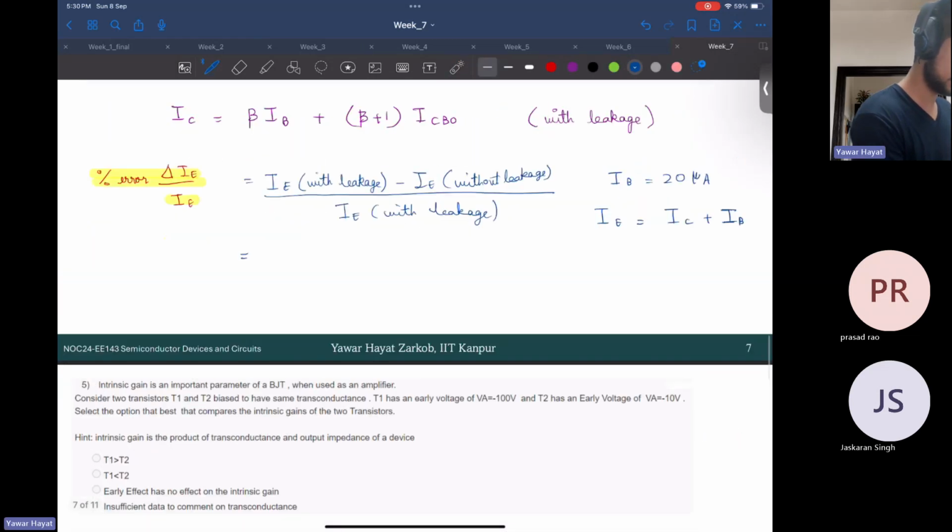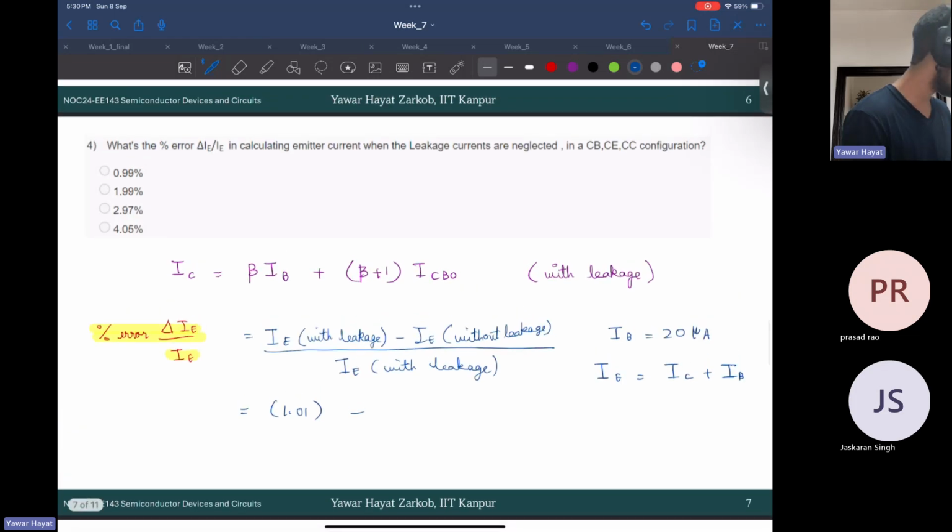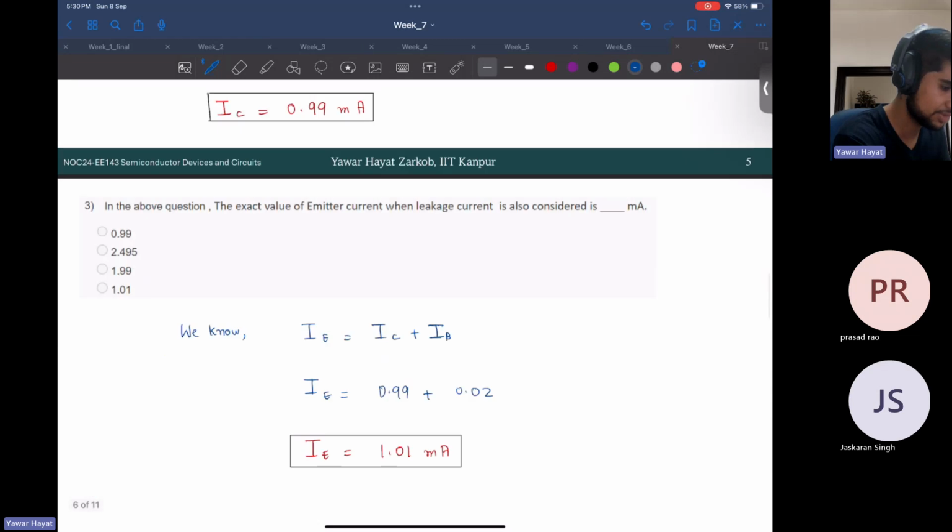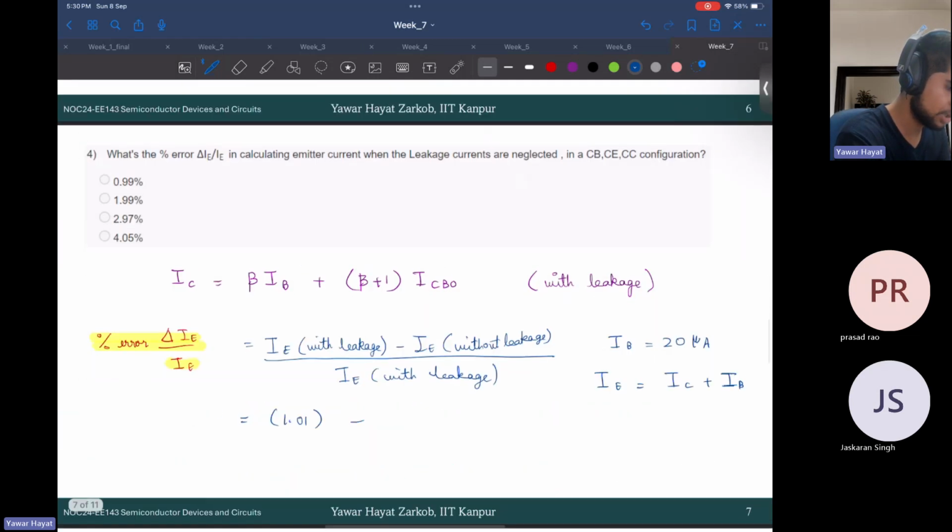I'll directly use that. 1.01 minus, what is IE without leakage? This would be beta times IB. What is beta times IB? That is 0.99.